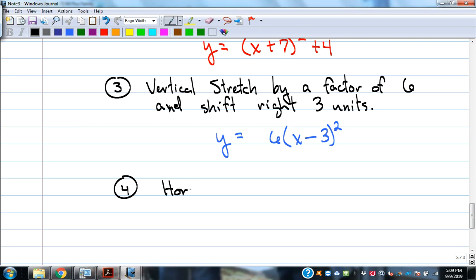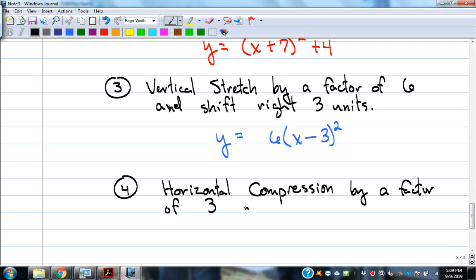All right, let's do a horizontal compression by a factor of 3 and shift down 11.